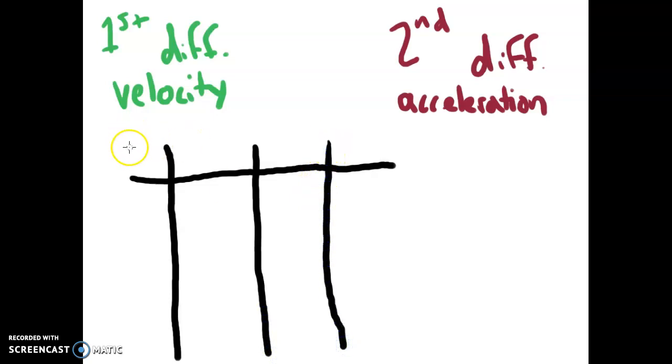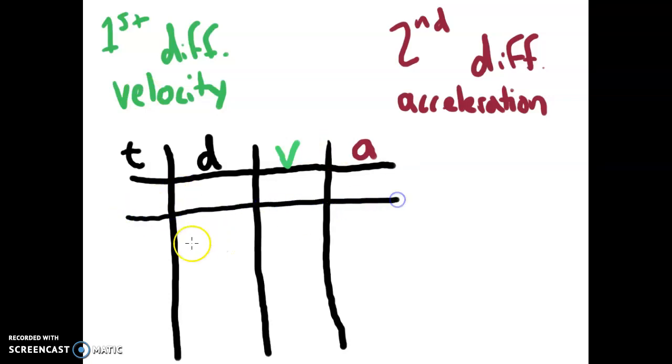In this first column, I'm going to write T for time, and then D for distance, and then V for velocity, or first difference, and A for acceleration.